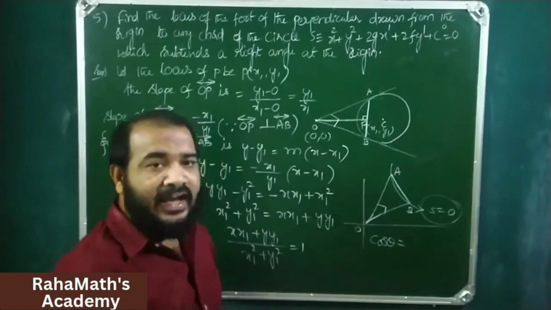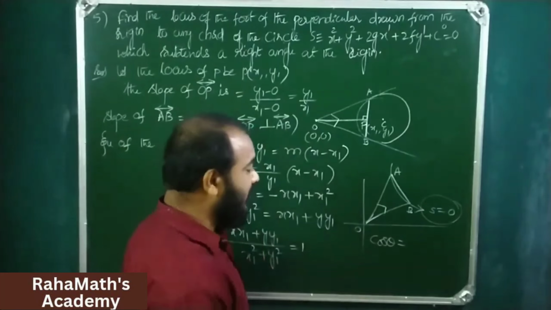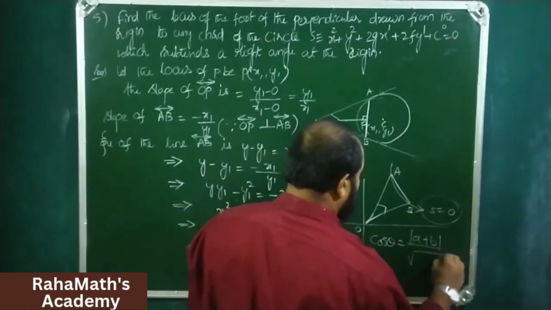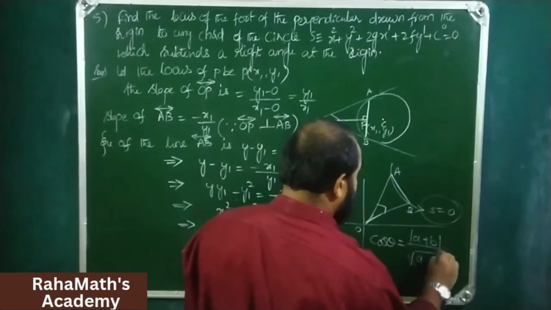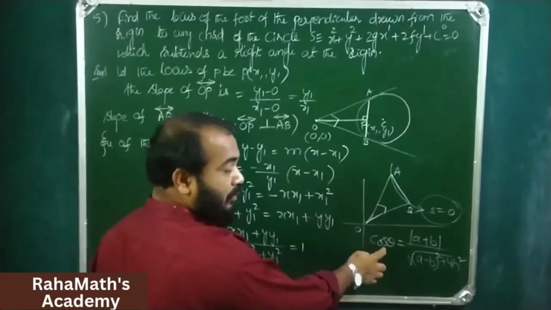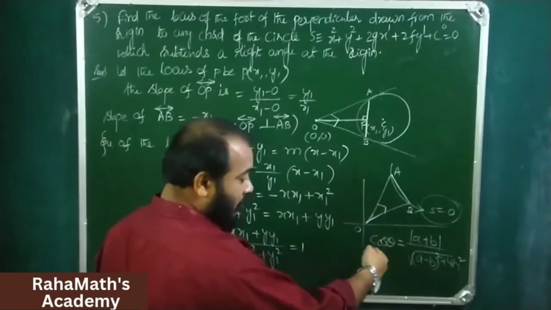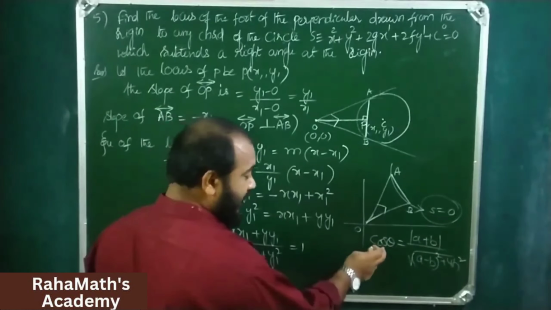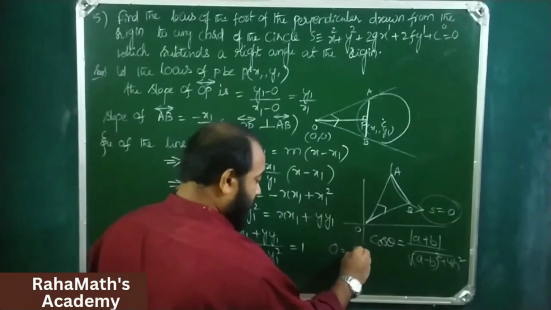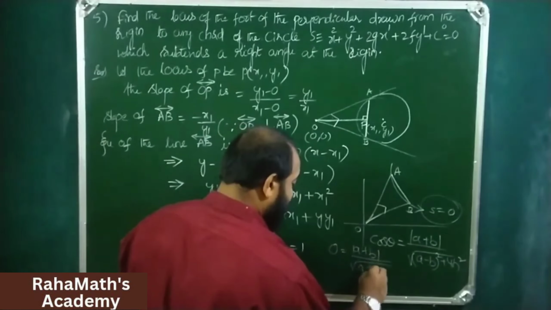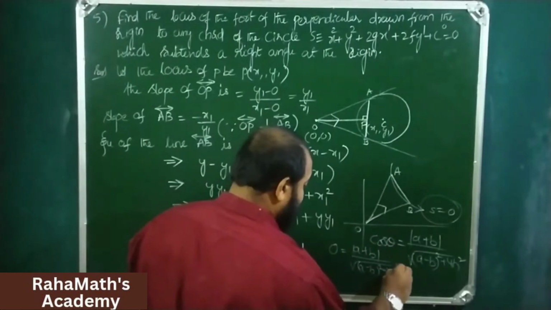If theta is the angle between the pair of lines, then cos theta is modulus of a plus b by square root of a minus b whole square plus 4h square. Since the lines are perpendicular, theta is to be substituted as 90 degrees. Cos 90 is 0, equals a plus b by square root of a minus b whole square plus 4h square.